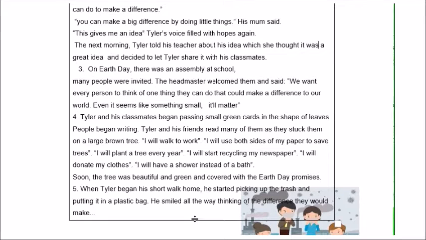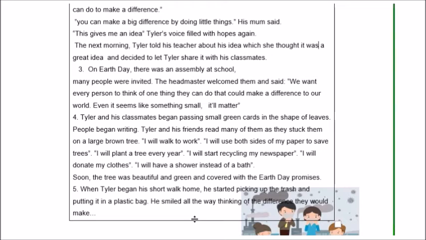The next morning, Tyler told his teacher about his idea, which she thought was a great idea, and decided to let Tyler share it with his classmates. On Earth Day, there was an assembly at school. Many people were invited. The headmaster welcomed them and said, "We want every person to think of one thing they can do that could make a difference to our world, even if it seems like something small."